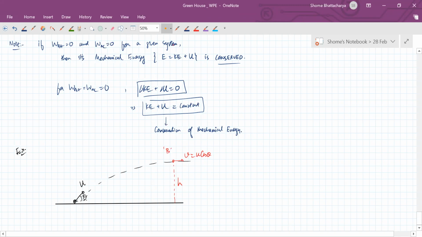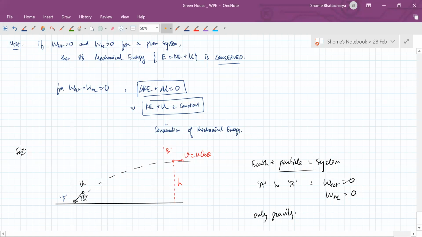Let's say this is the point B, this is the point A. If we take the Earth plus the particle as a system, from A to B there is no work done by external force and no work done by any non-conservative force. There's only gravity doing work, which is the internal conservative force.